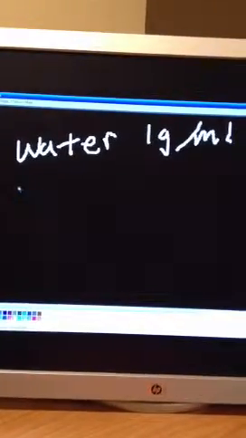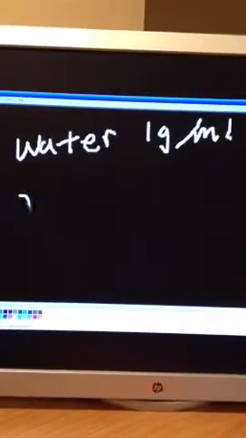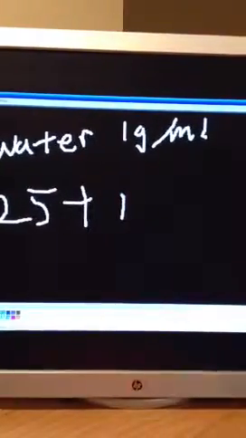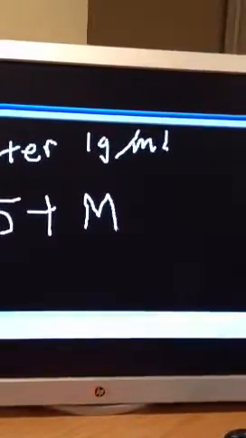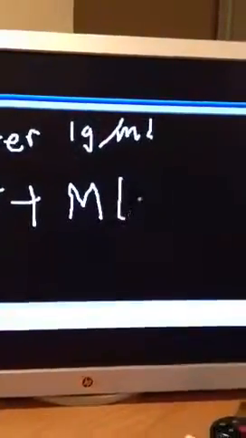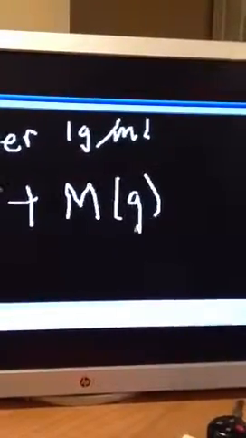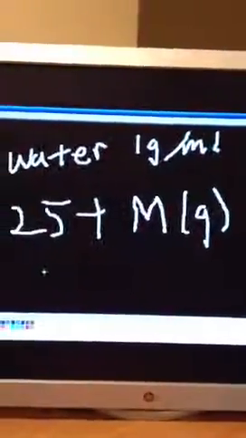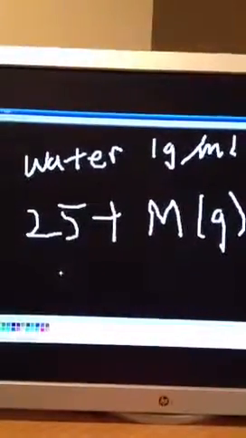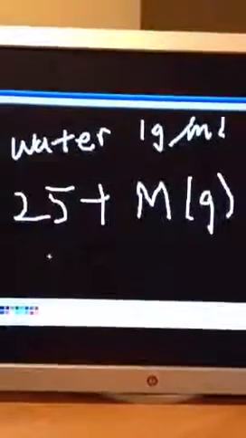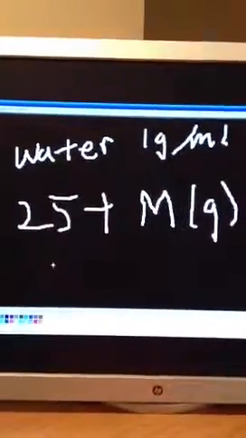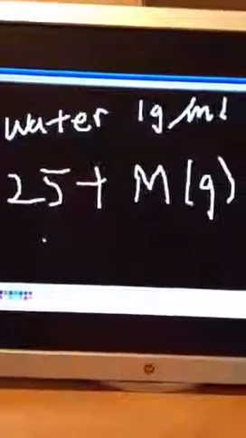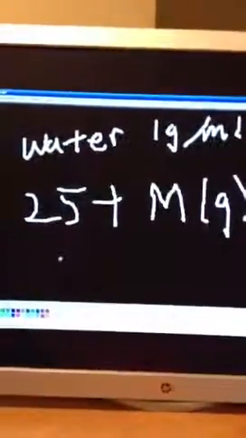When we add the 25 newtons to the rest of the mass found by the displacement of water times gravity, we will be able to figure out the total weight of the object. That is how you would finish part C, and that is how you figure out that AP problem and all its parts. Thank you for watching this video.